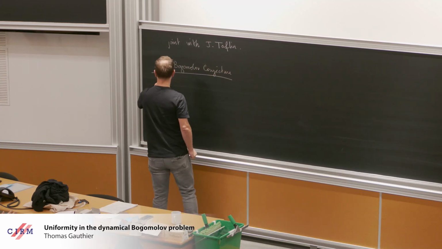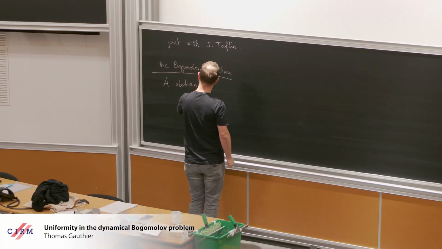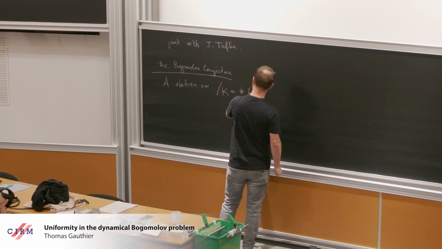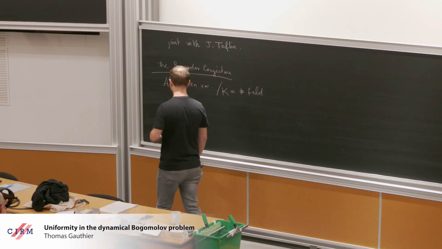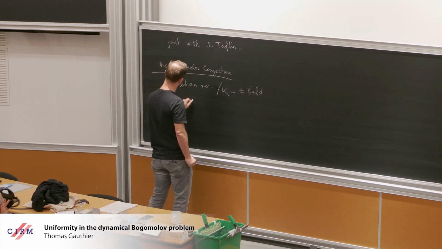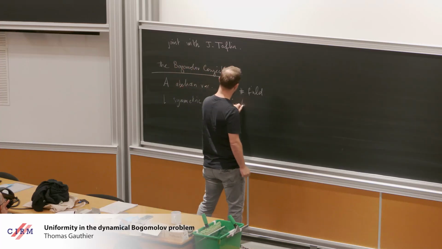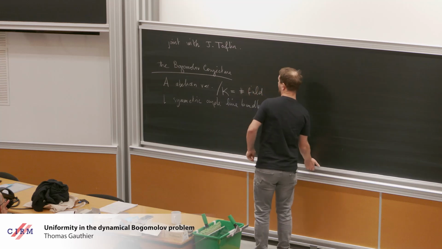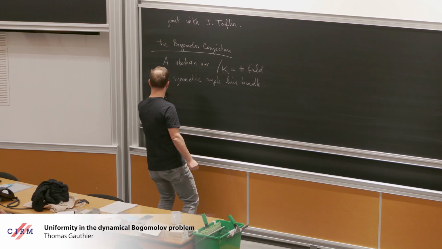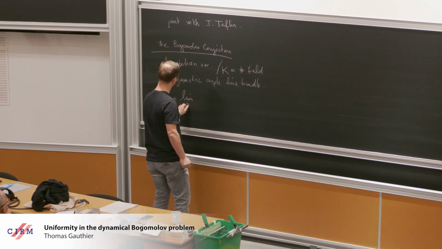So we start with A, an abelian variety over a number field. And we endow it with a symmetric and ample line bundle. And to this data, we can associate a Néron-Tate height, which will be defined by a limiting process.